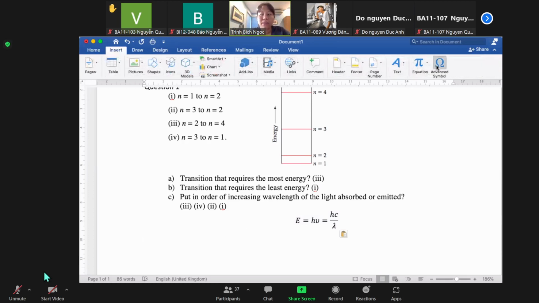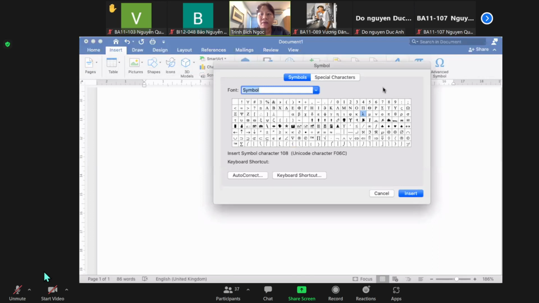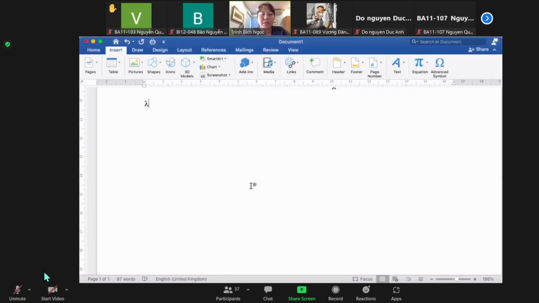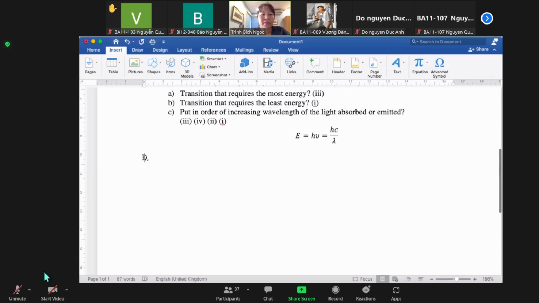So you will see that the relationship between E, the energy, and lambda, how? So you will have the wavelength. Bước sóng ạ. Lambda tỷ lệ thế nào với E ạ?